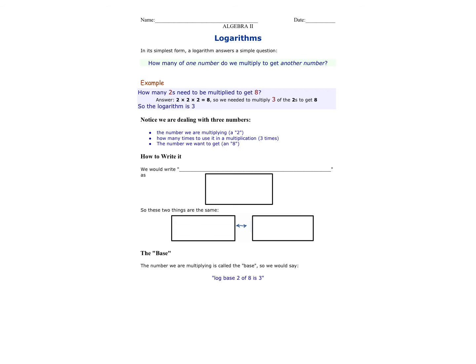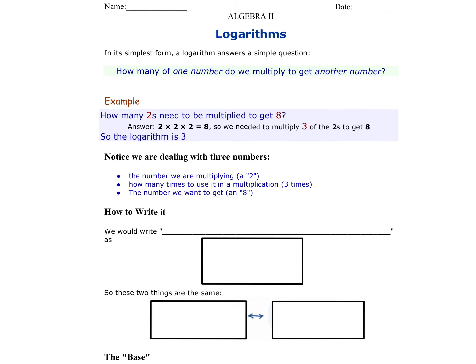Okay, so now looking at this, in order to find logs, what a log will do is we ask ourselves, how many times of one number do I need to multiply to get another? So in this first example, it says, how many 2's do I need to multiply to get 8? Okay, so that's the question that a log would ask. And if you flip to your front chart, you know that you have to multiply 2 three times to get 8, okay?